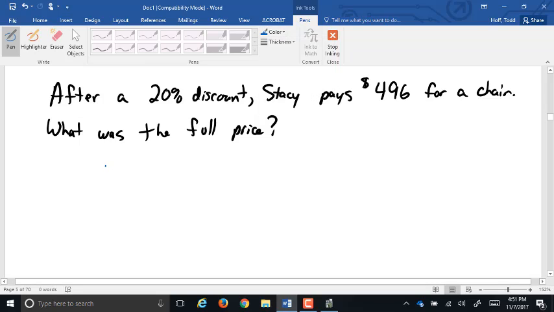Well, here, if I did the 20%, that 20% would be 20 over 100. The 20 represents the discount, and the 100 represents the full price.